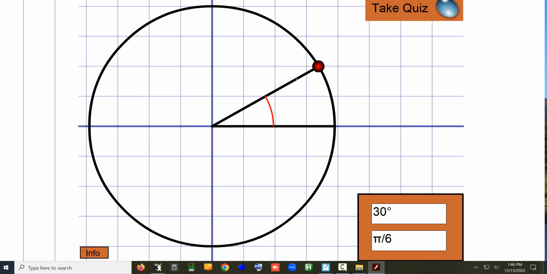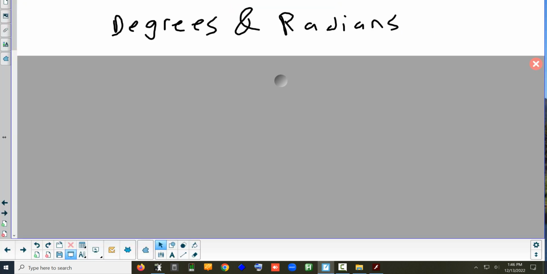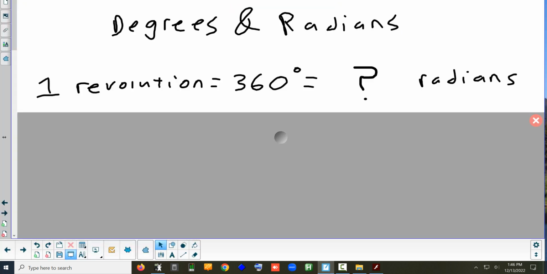So radians has something to do with pi. And that's what I'm going to show you. So what we want to be able to figure out is this question mark. In a minute, I want to be able to erase that and put a number there.